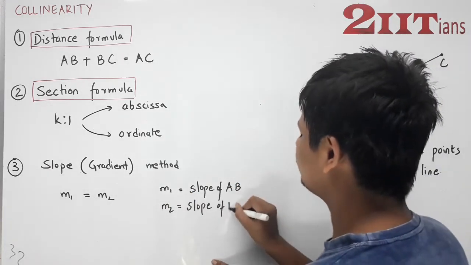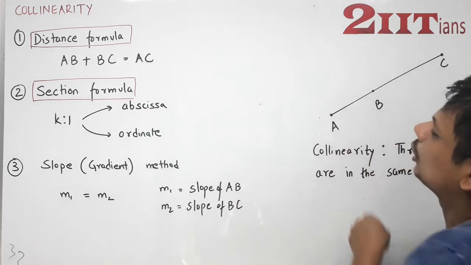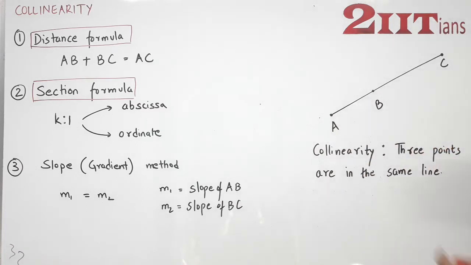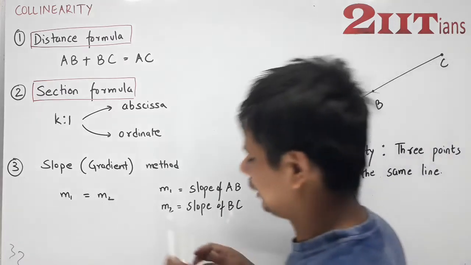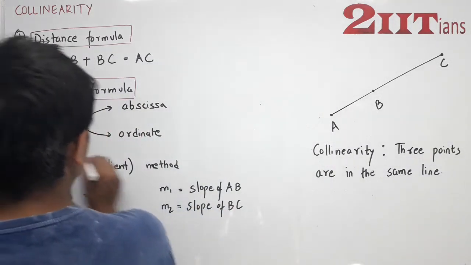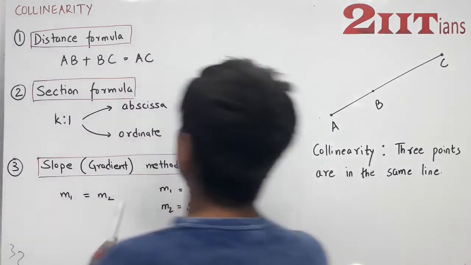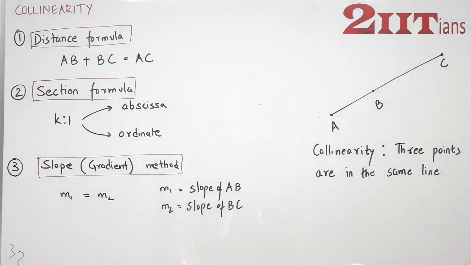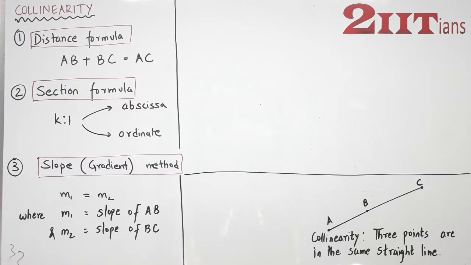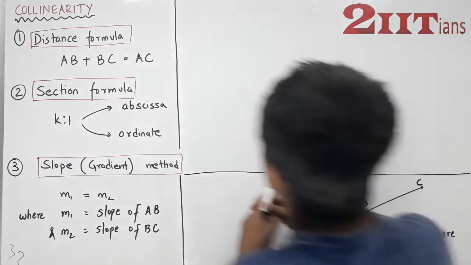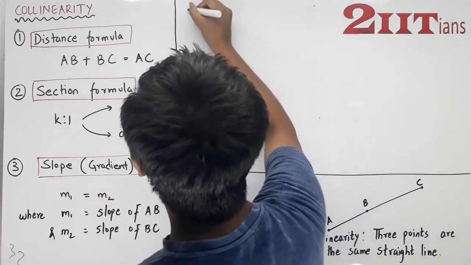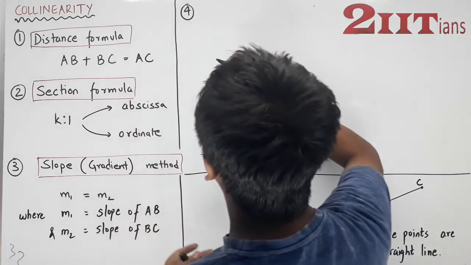So if both the slopes are equal and B is a common point, then certainly ABC must be lying in the same line. Okay, so the third method we have discussed now. Let us come to the fourth and fifth.